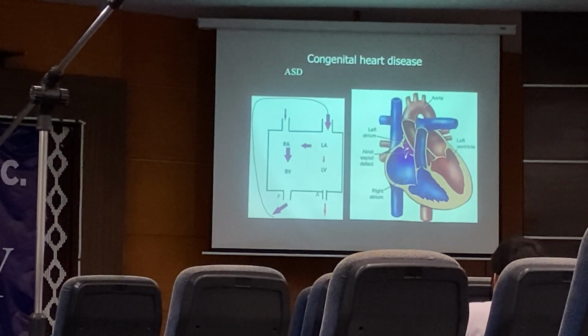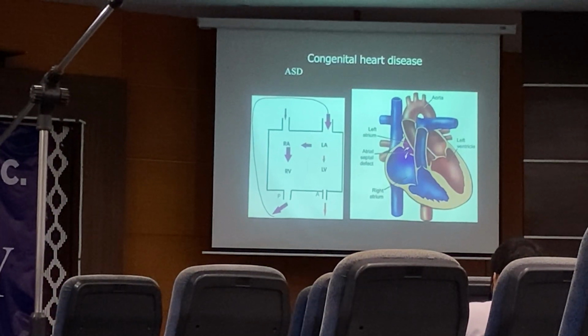So in ASD, again, what's the most common CHD for adult? ASD, right? Why? Most of them are asymptomatic. They become symptomatic at early adult life. So that also depends on the size of the ASD.